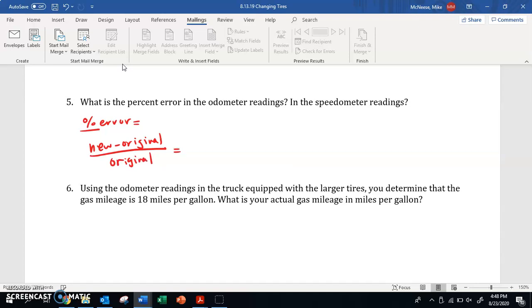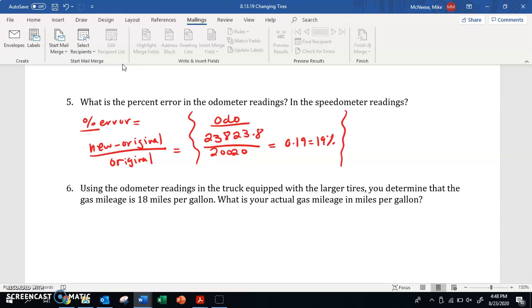For the odometer, I'm going to have 23.8 divided by 20020, and you're going to get 0.19 or 19%.